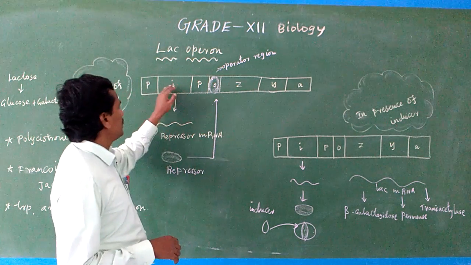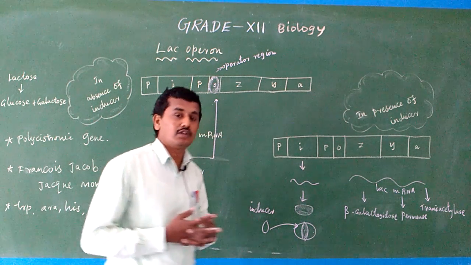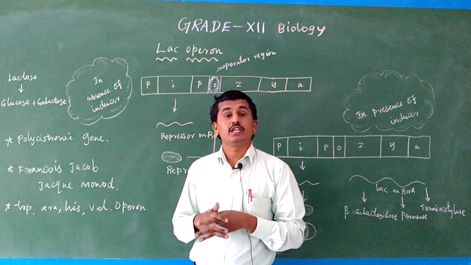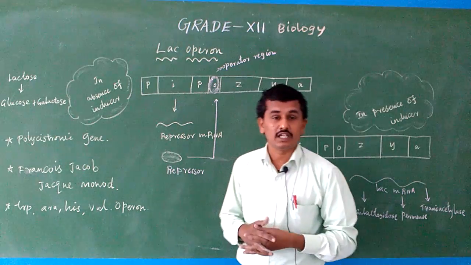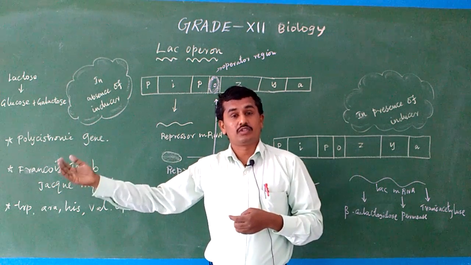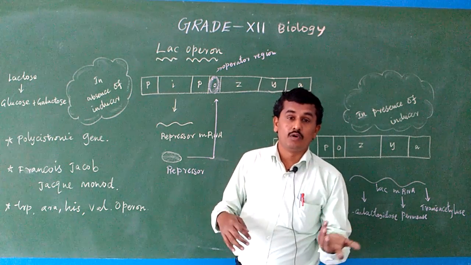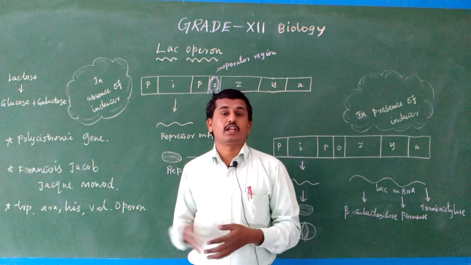Okay, so for a gene to express characters, some external factors are also needed. For example, we saw skin color. Human skin color is expressed from the gene only, but due to light, due to more sunlight, the gene expresses the character more or less. There are some changes due to the sunlight.